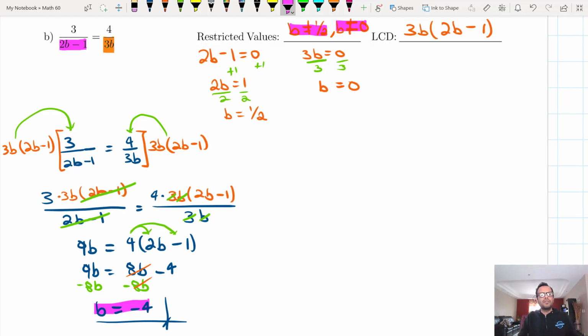So in this case, the answer to the question is no. In this case, the solution to this equation will be negative 4 because it happens not to be one of the restricted values. Later, we are going to look at an example in which one of the solutions to the equation happens to be the restricted value. And in that case, we would call it an extraneous solution, which is what the series of steps on the previous page is asking us to do.